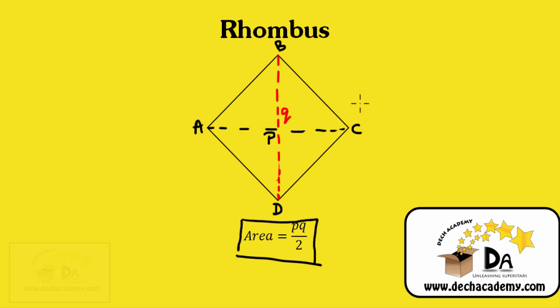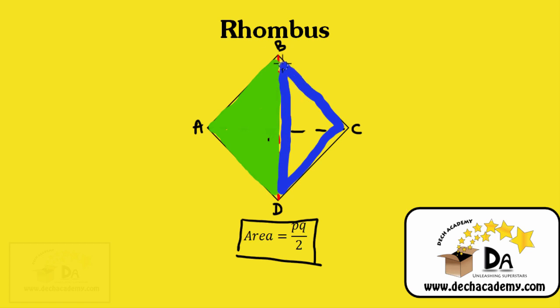If you want me to derive the formula, I will. One thing to note about a rhombus is that the diagonals divide it into equal triangles. So I'll just show you. If I'm focusing on the diagonal with the length of Q, it's dividing the rhombus into this triangle here, roughly shaded in green, and this triangle shaded in blue.